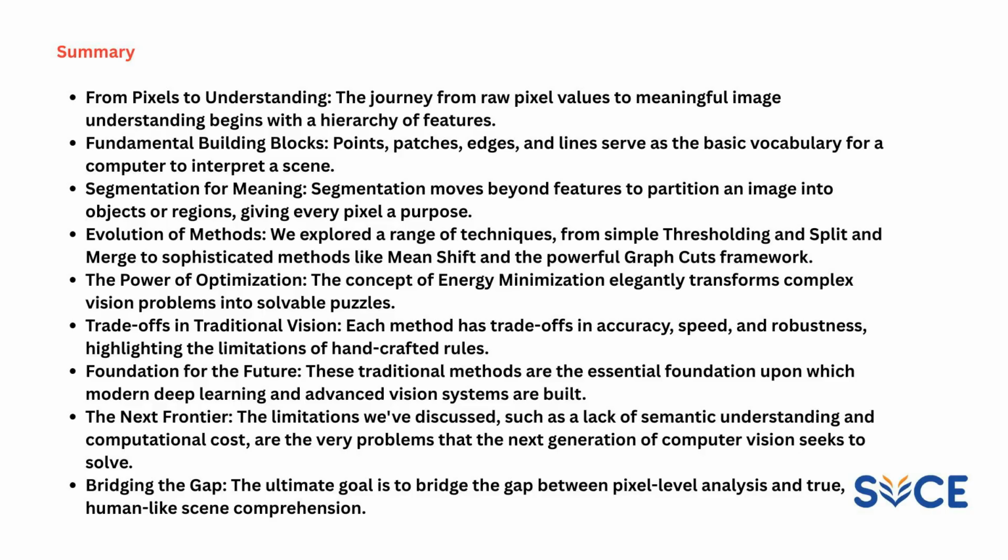We began with points and patches, the first topic, and the fundamental local features that act as the image's fingerprints. We then built on this with edges and lines, which represent the objects, the boundaries and the geometrical structure, offering a more abstract representation of the scenes.